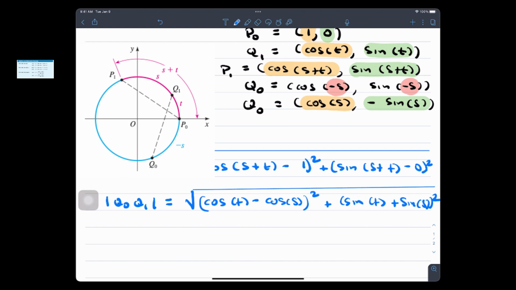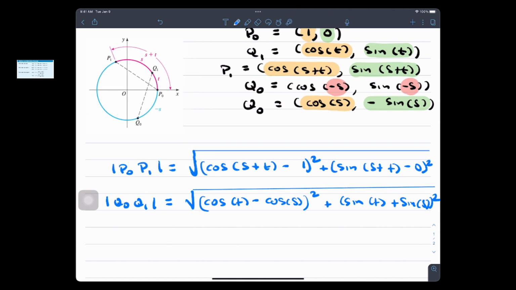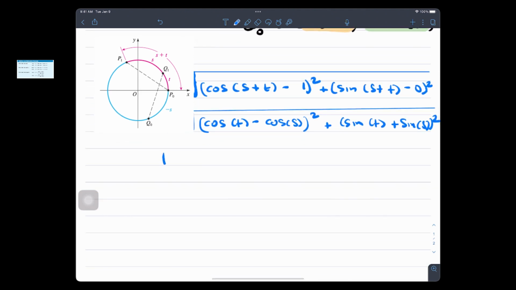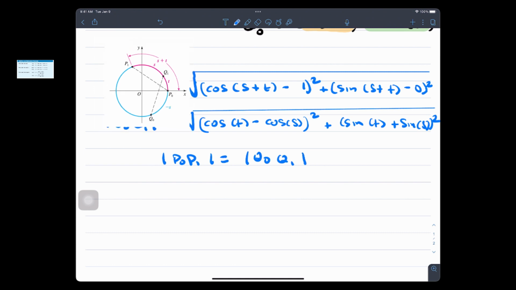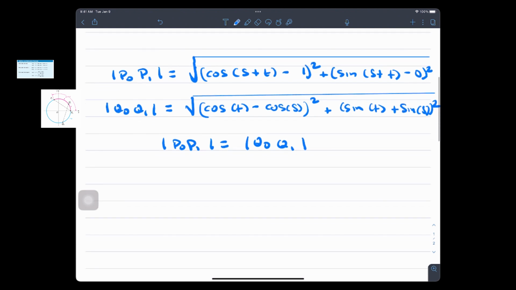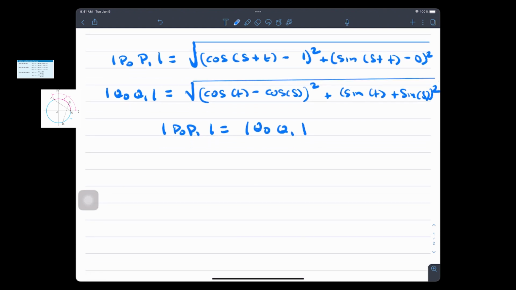Now those distances are equal. So they're the same here. Now I don't have the ability to highlight this, but what I'm saying is that P0 to P1 is the same as Q0 to Q1. Those distances are exactly the same. Now, if we move that out of the way, does that mean I set them equal? Yes, we set them equal.